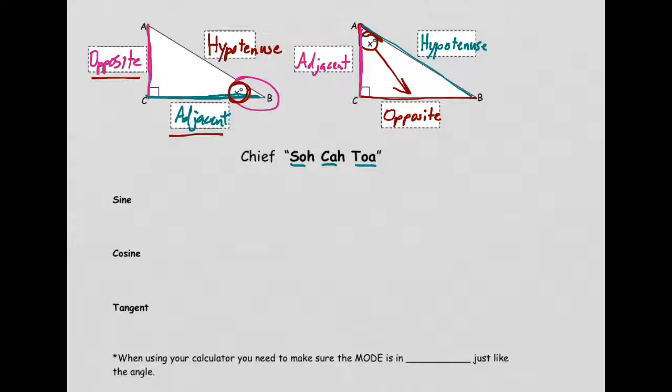The first thing we have is sine. If you'll just write this down, sine of x is going to equal, that's where our O comes in, opposite, over, and then our H right here, hypotenuse.